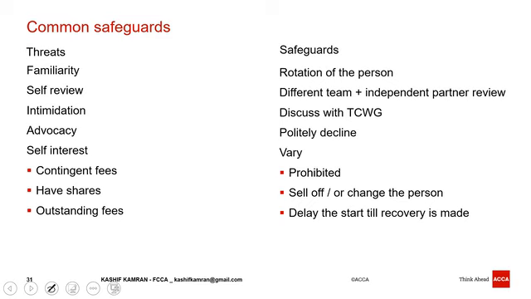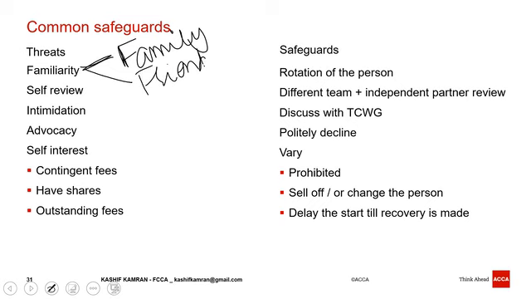If there is a familiarity due to family relationship or close friendship, then any person who has a family relationship or a friendship should be rotated. So rotation sounds like a good safeguard.